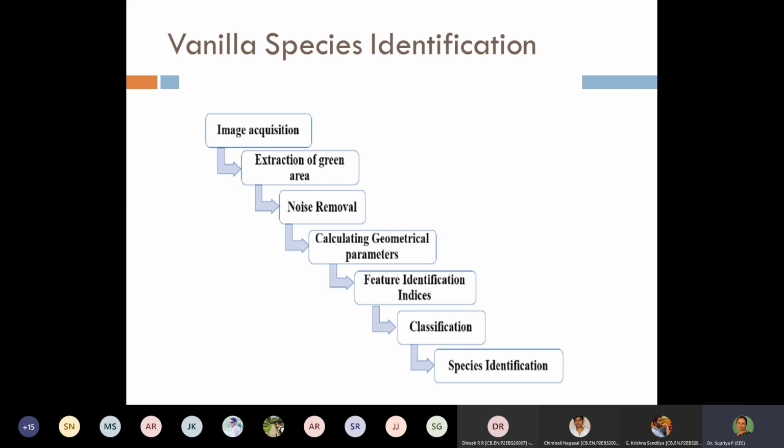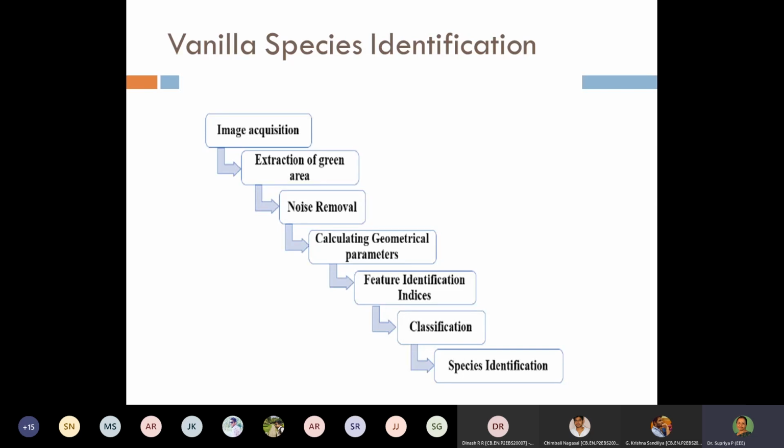So most of the farmers would like to cultivate vanilla and make some money. However, when people go to buy the vanilla planting material, they are duped by being given wild species, which will not be as effective and good as the original.